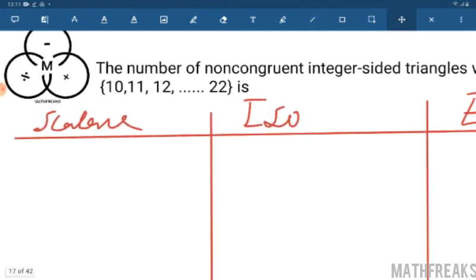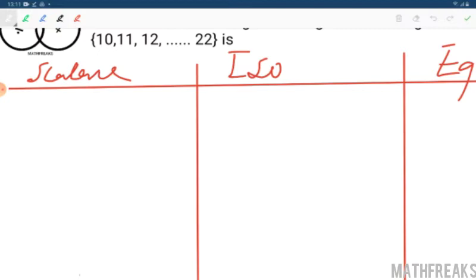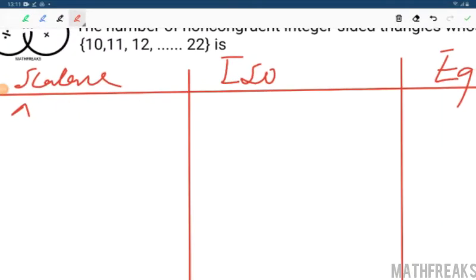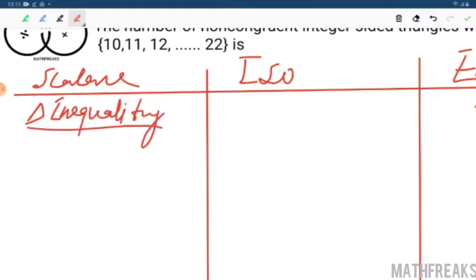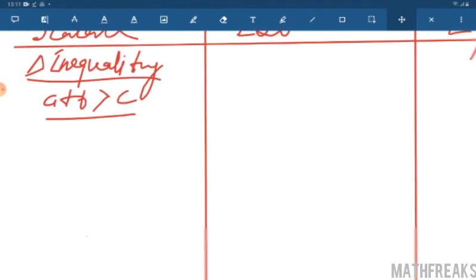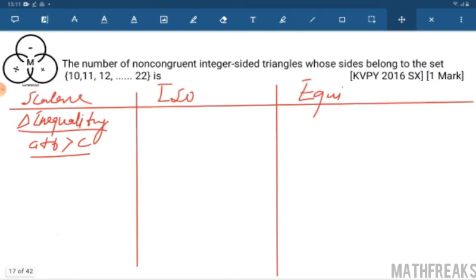First, let us resolve the scalene triangle. The most important thing in solving this problem is triangle inequality, that is a plus b greater than c. So using triangle inequality, what are the scalene triangles which cannot be formed?